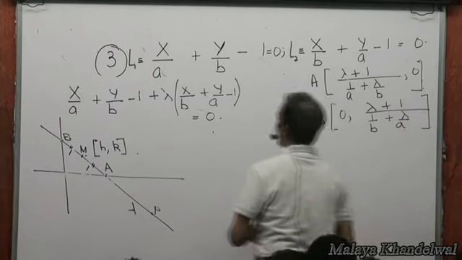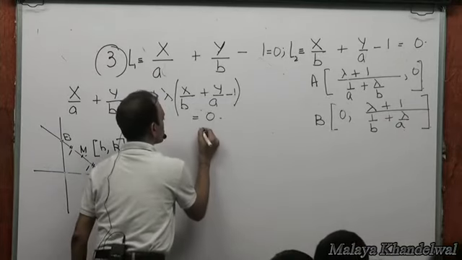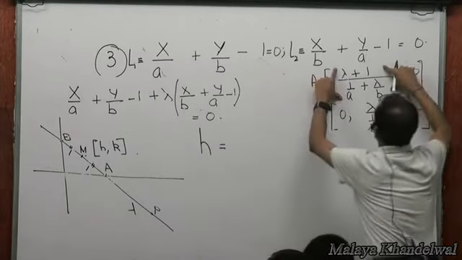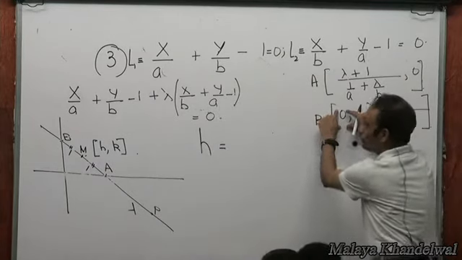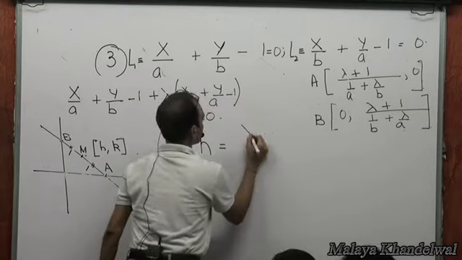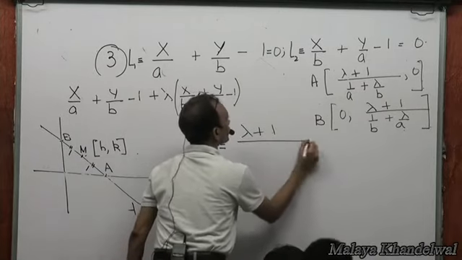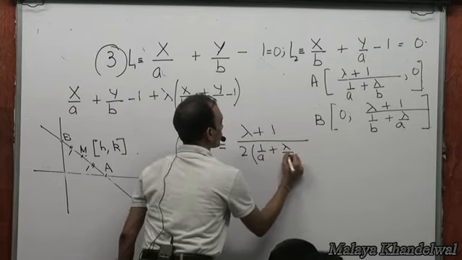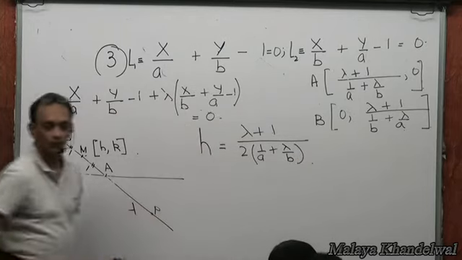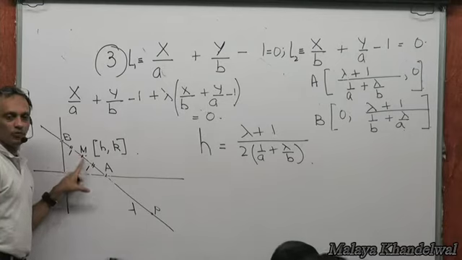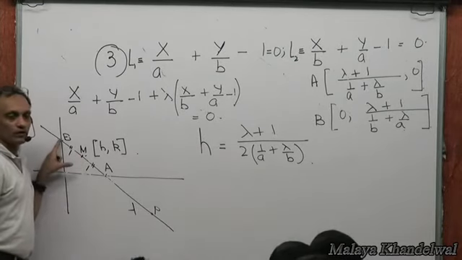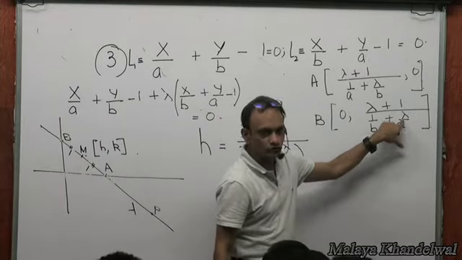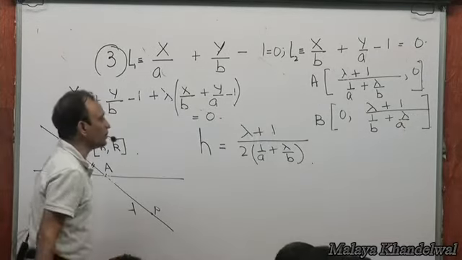So the x coordinate of the midpoint H is given by x coordinate of A plus x coordinate of B by 2. The y coordinate of M would be y coordinate of A plus y coordinate of B by 2. That will be K, the y coordinate of the midpoint.